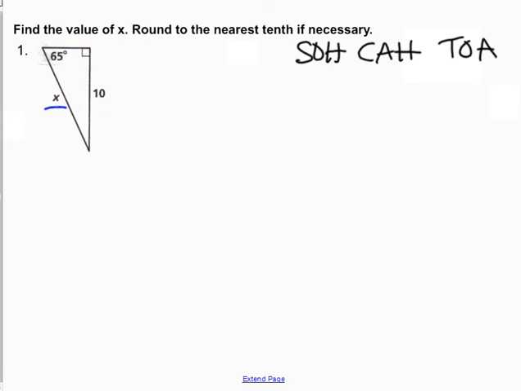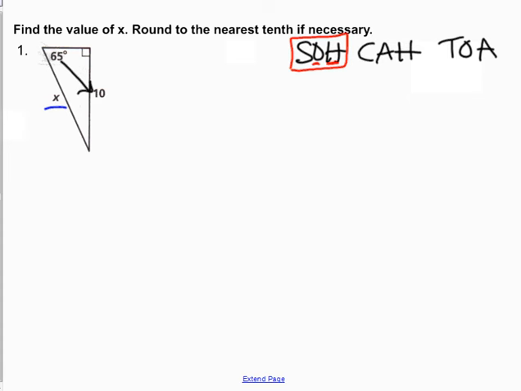So I'm looking at this and I see that I have a side opposite the angle, and I have the hypotenuse. So if I look at these ratios over here, I see opposite and hypotenuse right here. Opposite O, hypotenuse H. The other ones do not have that.